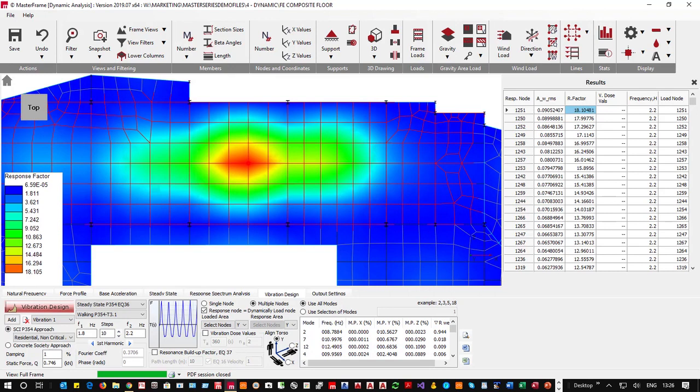I'm just looking at page 5.6, and it's giving us values: offices with a multiplying factor, which is your response factor, of around 4, residential 2, operating theatres down to 1. So we are seeing that our response is quite high.